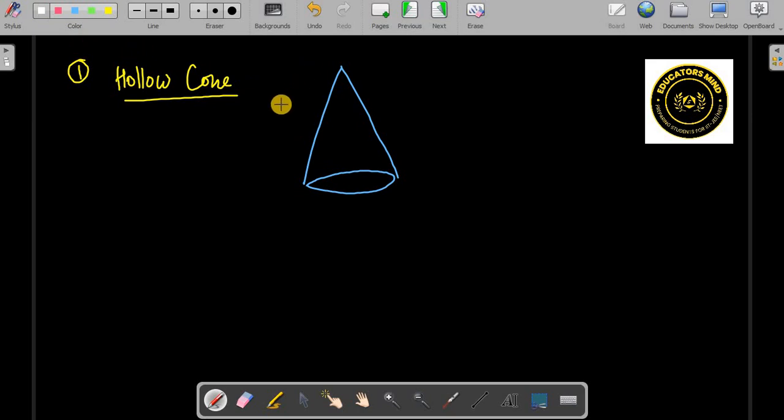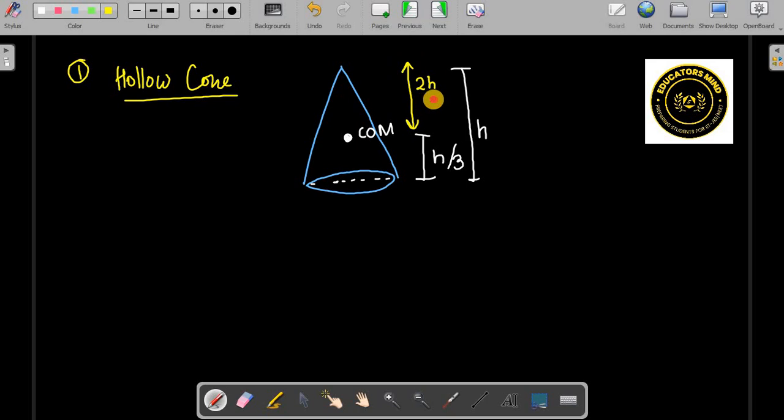The center of mass of a hollow cone is h by 3 from the base, where h is the total height. It will lie at h by 3 distance from the base. So from the top it is 2h by 3, right?